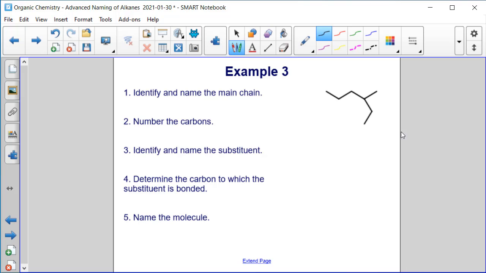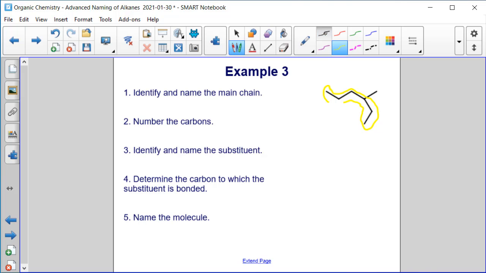All right, so the longest chain is this one, right? Here. And just to confirm again, it's 1, 2, 3, 4, 5, 6 carbons long.